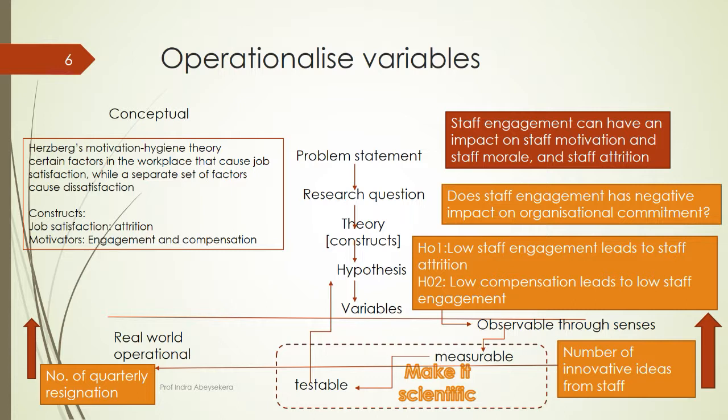For example, if the findings show a positive relationship, where the number of innovative ideas from staff is increasing but resignations are also increasing, then there is a problem in relation to motivation of the staff.